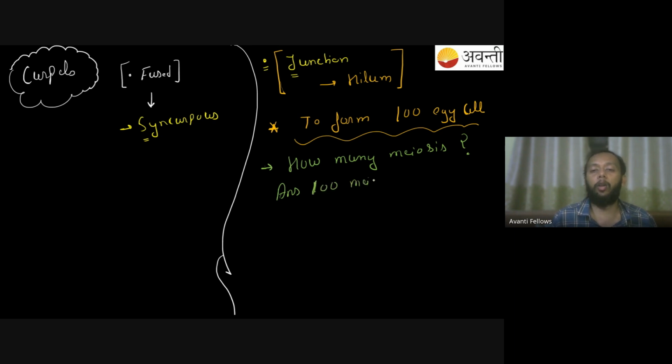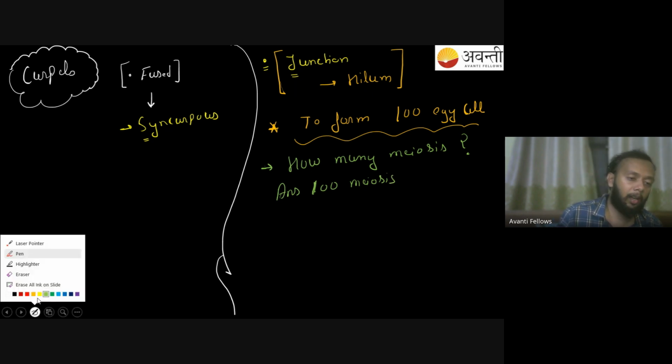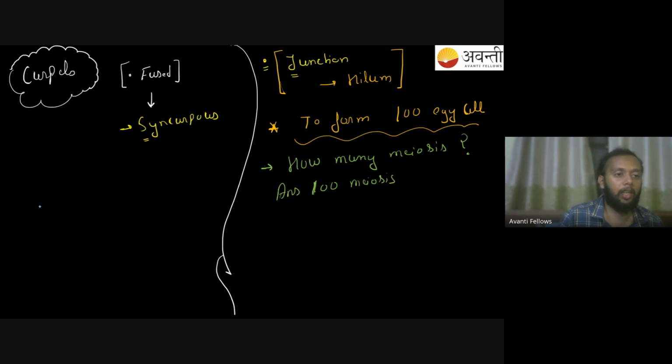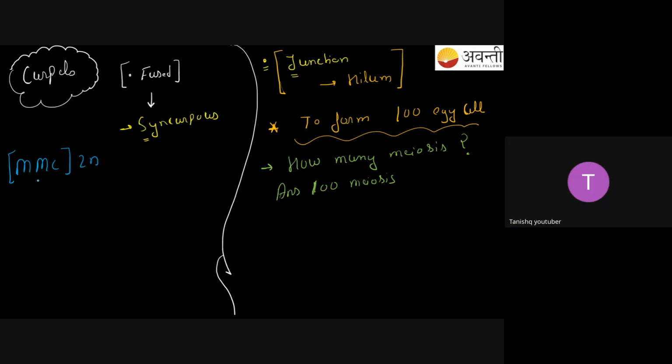Tanishk, tell me how with 100 meiosis we can make our 100 egg cells. Now I'll give you the initial integrant: a megaspore mother cell, MMC, which is a diploid cell. Now tell us, Tanish, what will happen from here?